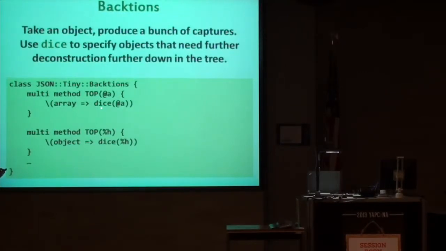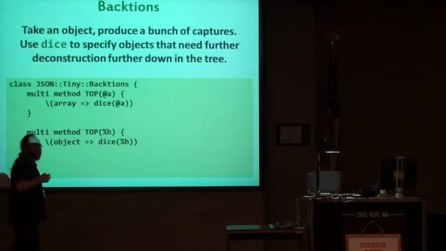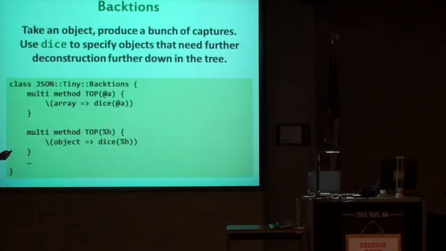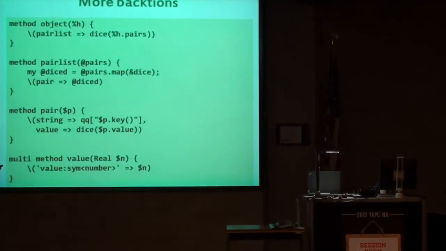So what we're doing here is we are just taking that array and just saying, I want to shove that down, and when we actually try to call and generate an array for the text, then what we should do is we should run, well, the array bit of code. And we did the same for object, and basically this is the way that objects work. Okay, we take the hash, and we dice it into its pairs for pair list.